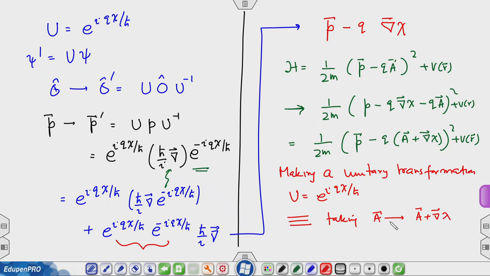And I could go the other way: making this gauge transformation is equivalent to transforming the Hamiltonian and the wave function according to what we have written. So, point is proved. This is how you deal with gauge transformations related to magnetic field.